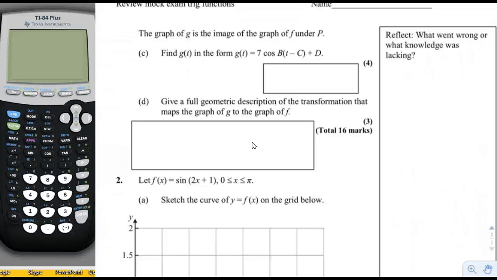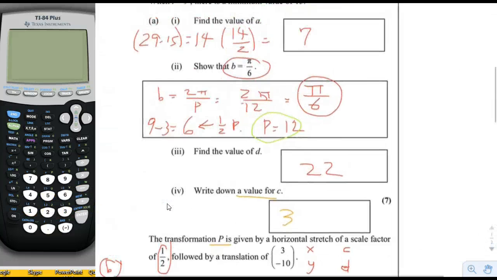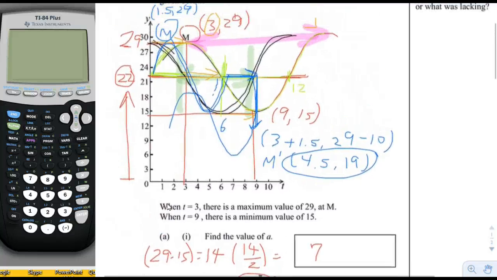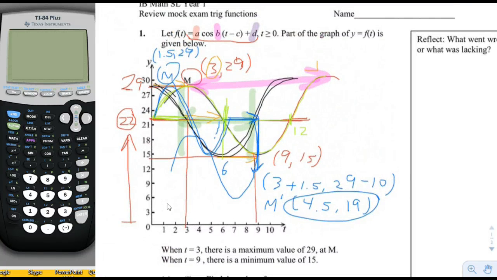Find G of t in the form G of t equals 7 times cosine B, t minus C plus D. Okay, so now they want us to take the original function f and do this transformation, and that's what we kind of did here, right? So they want to find an equation for it.